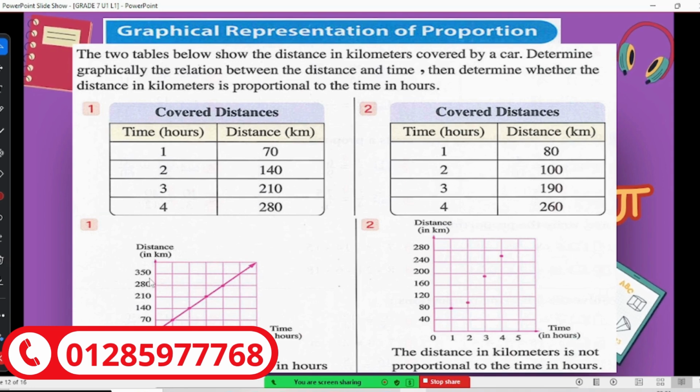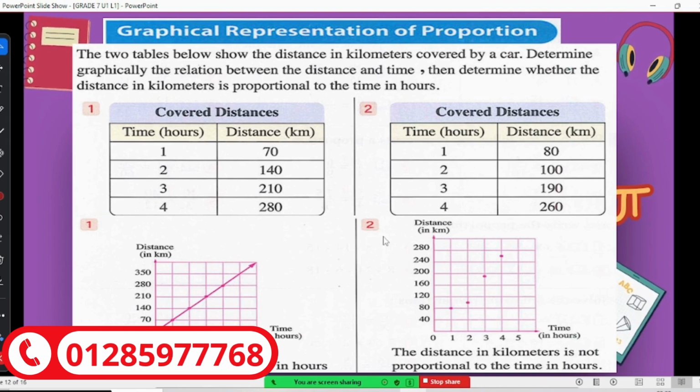We divided each of them into equal scales, and here the same. Divide the timeline 0, 1, 2, 3, 4, 5, and distance 40, 80, 120, 160, 200, 240. In each step we increase by 40, but here in each step we increase by 70.